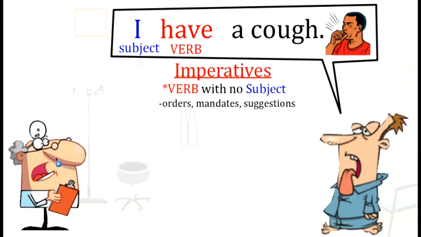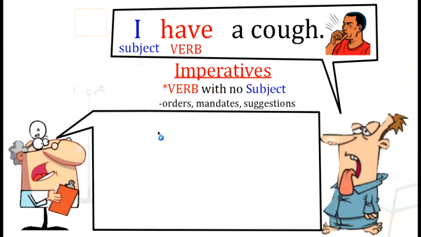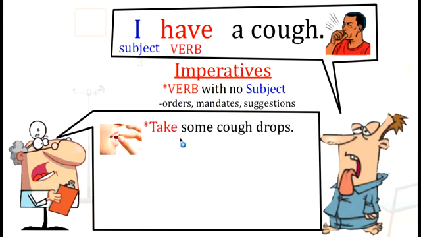Let's look at some examples that Dr. White gives Mr. McDonald. For example, take some cough drops. Take is the verb, and there is no subject. So this verb is an imperative. It is an order, or a mandate, or a suggestion. Take some cough drops.